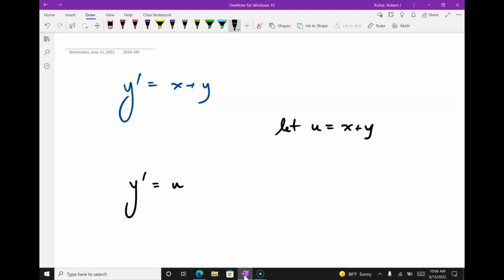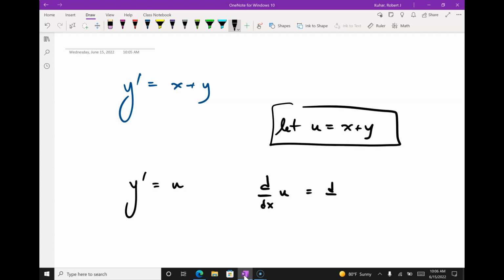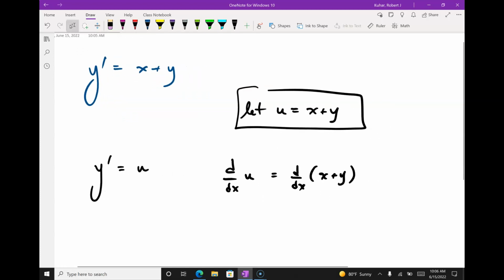But the trick is going to be to differentiate this piece with respect to x. So we're doing d dx of u equals d dx of x plus y. So I get du dx, right, equals what? 1 plus y prime. Right?